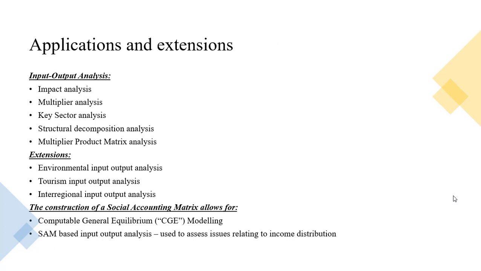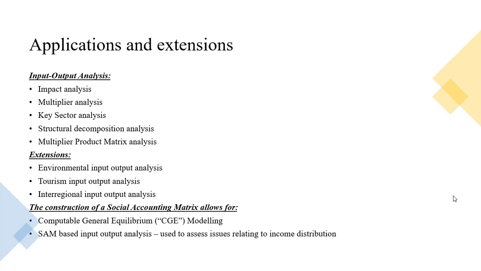Application and extension. I will discuss in great detail what kinds of applications or extensions of input-output economists and researchers currently use. The most important thing is that we use it for impact analysis: what is the impact of a specific change in a specific economy, what kind of exogenous impact and what kind of endogenous impact.